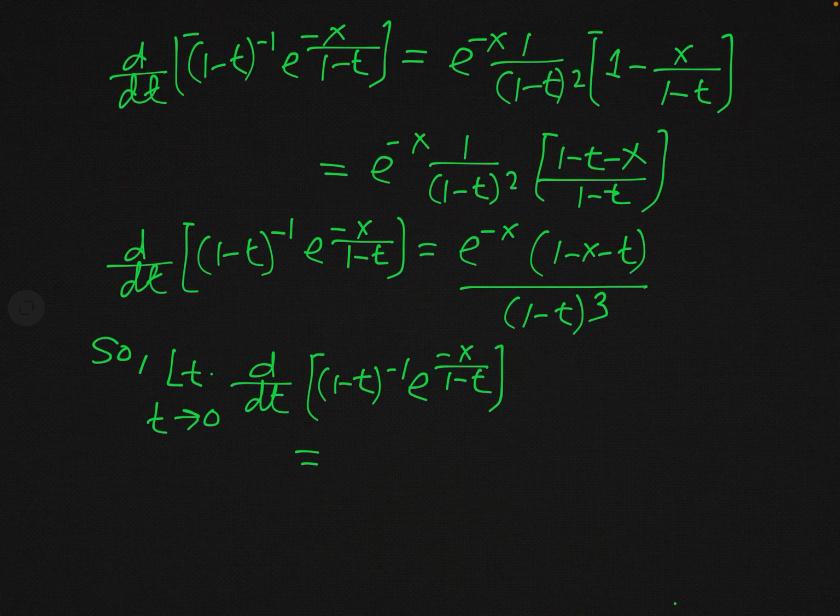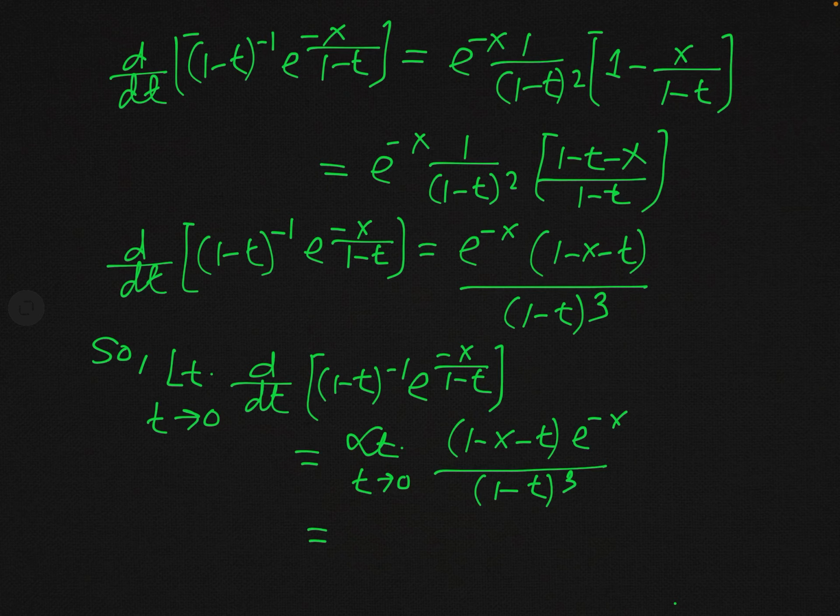You can see this will be limit t tending towards 0 of (1 minus x minus t) times e raised to the power minus x over 1 minus t, over (1 minus t) raised to the power 3.